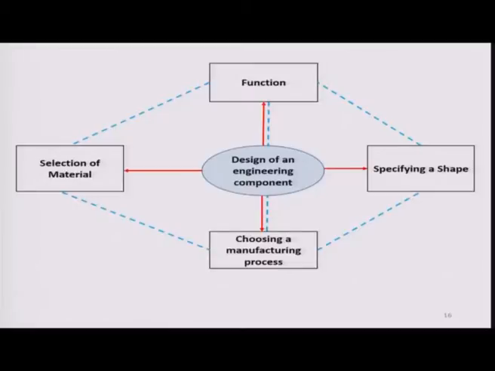For designing any engineering component, it depends on various sub components: function, selection of material, choosing of a manufacturing process, and specifying a shape, and all these attributes are interlinked to each other. So selection of any material starts with a function.